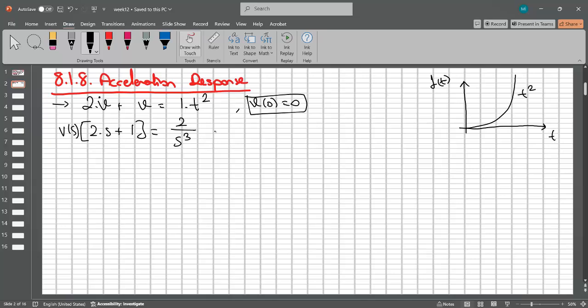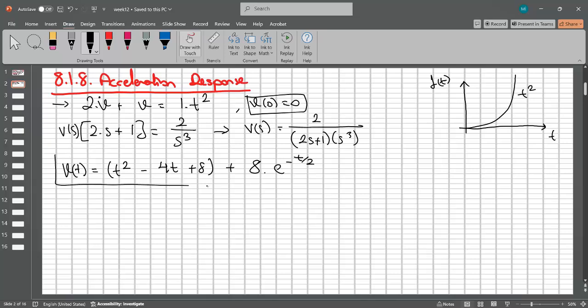And so if this is the case, V(s) equals 2 divided by (2s plus 1) times s cubed. And the solution of this term is t squared minus 4t plus 8 plus 8 times e to the power minus t divided by 2. Okay? This is the equation.